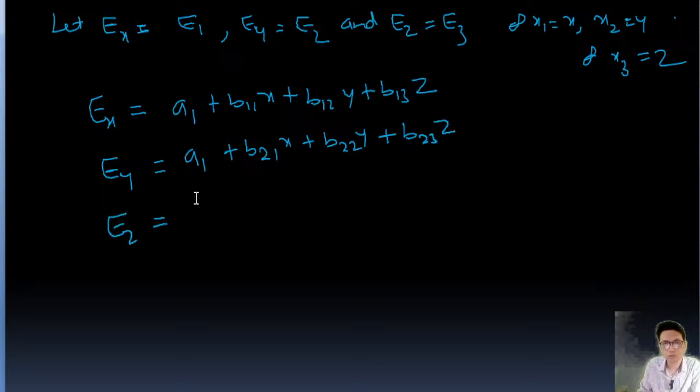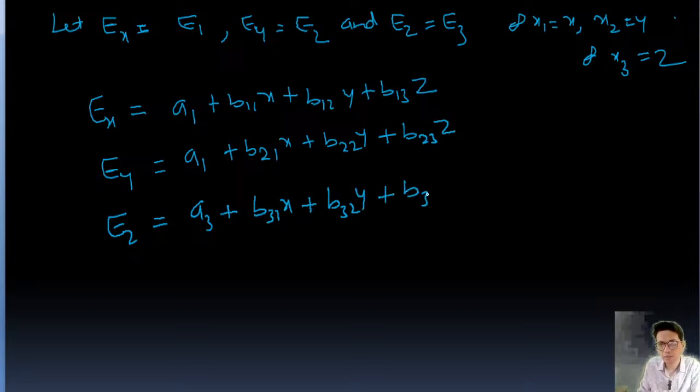Ez equal to A3 plus B31 x plus B32 y plus B33 z. So these are the set of equations, we can say equation number 2.